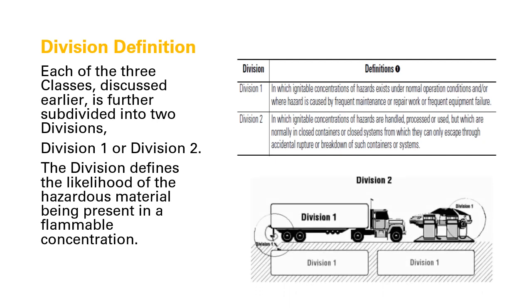I am giving you an example. As you can see, in a gasoline station or a petrol station, there are containers which are underground, and the loading arms and loading station are above ground. The containers below ground, this area is Division 1 because a high flammable concentration is present.